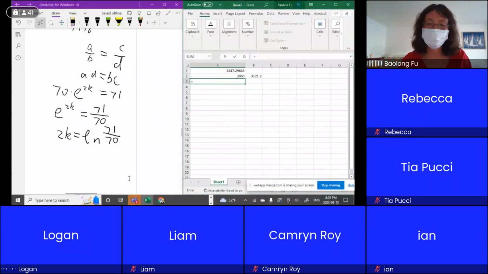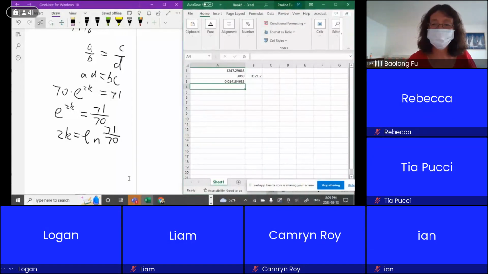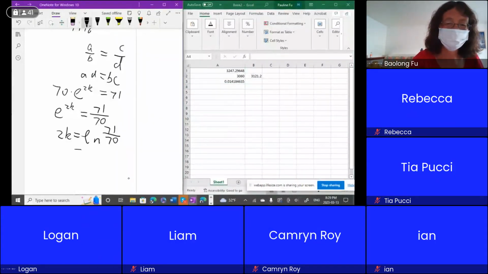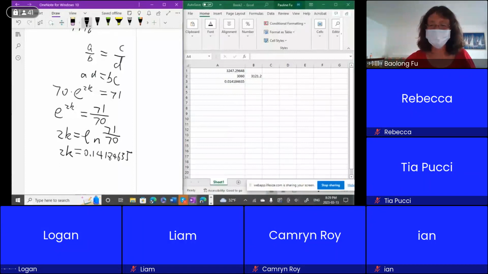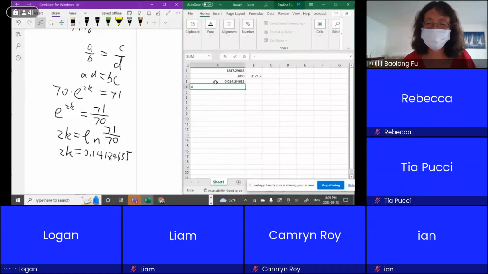In Excel, type in ln bracket 71 over 70. That gives 0.01418. So this is 2K, and for K, you just divide this number by 2.